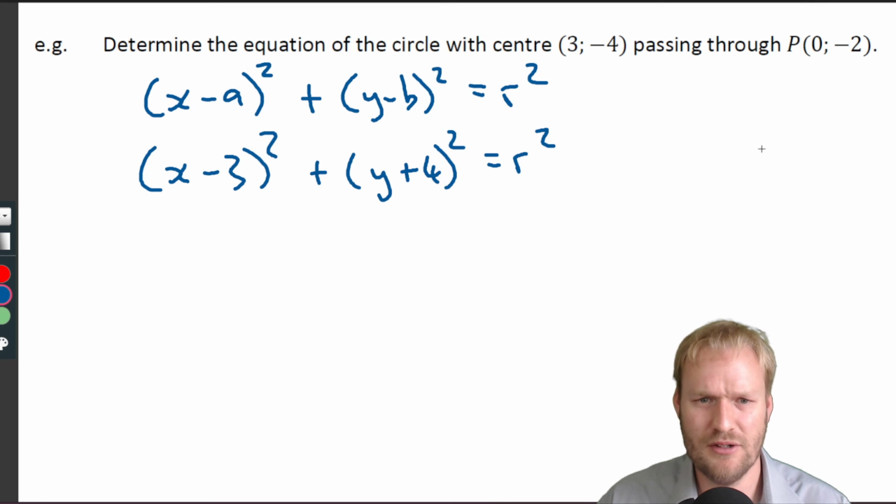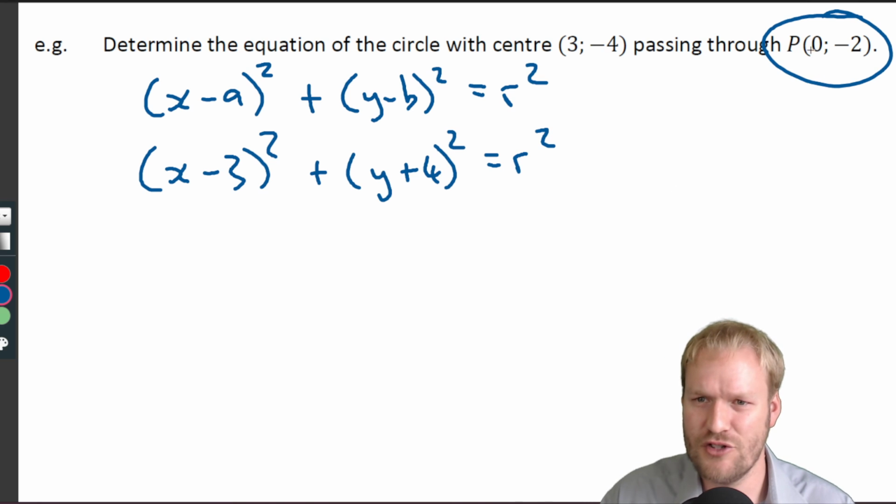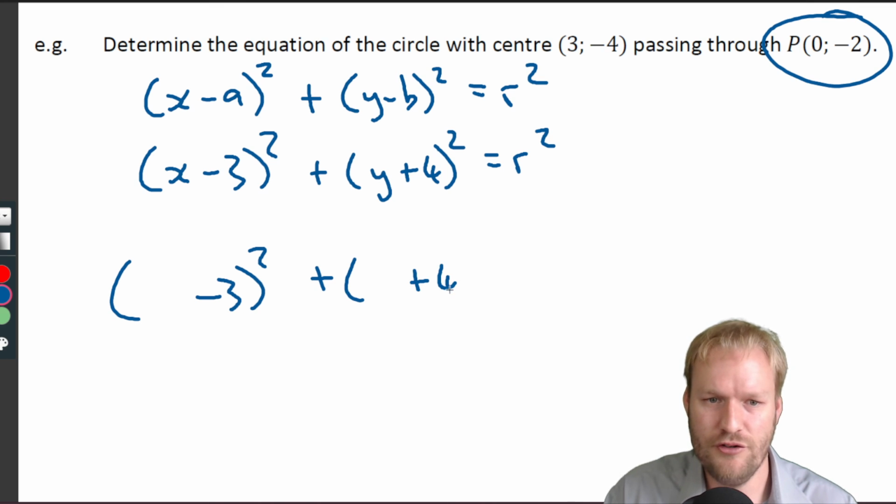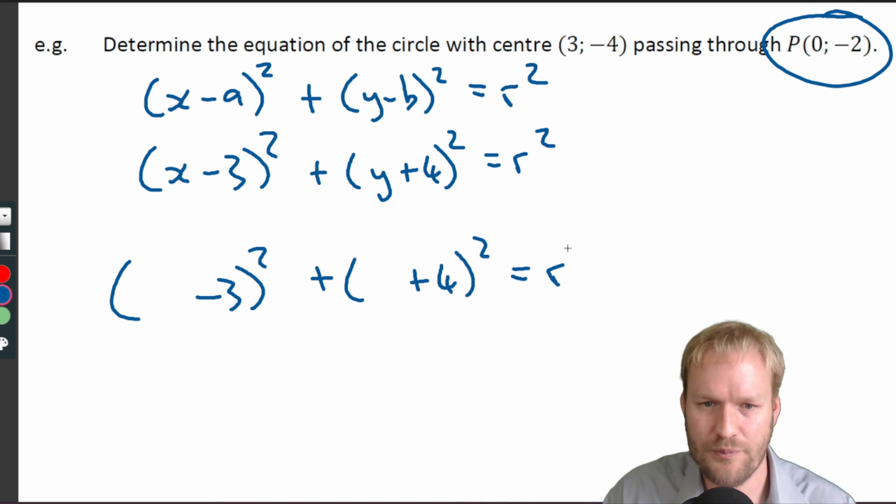Okay, well, we know that it's there, but we've got a point. So wouldn't it be easiest if we just substituted this point in? We know that this equation is always true for any point on the circle. We know that it goes through 0, minus 2.